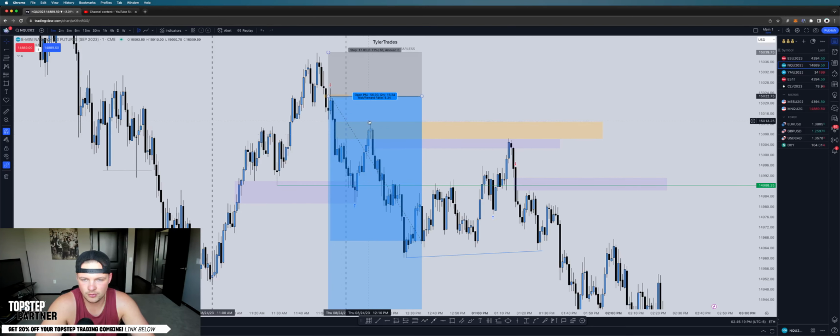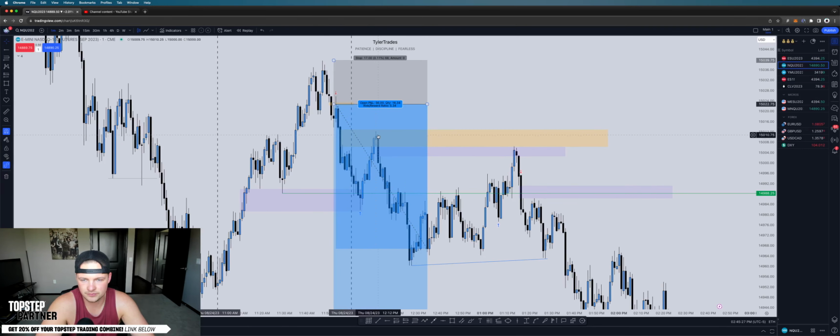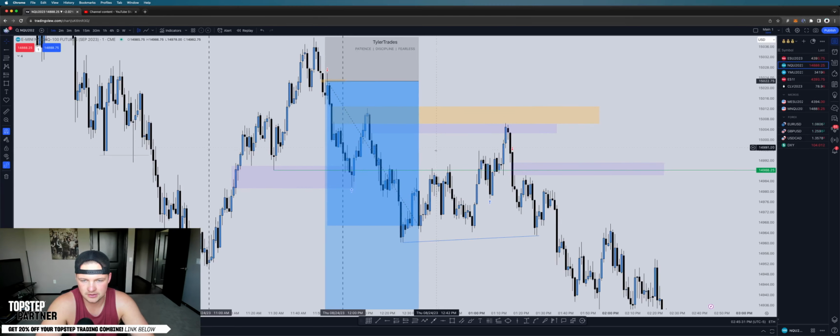And then price did pull back up to that inefficiency here, 1-minute fair value gap. I believe this is also a gap on the 3-minute, 5-minute time frame. So very nice gap here. Price came back up into it, wasn't sure if it was going to hold or not. It did, sold off.